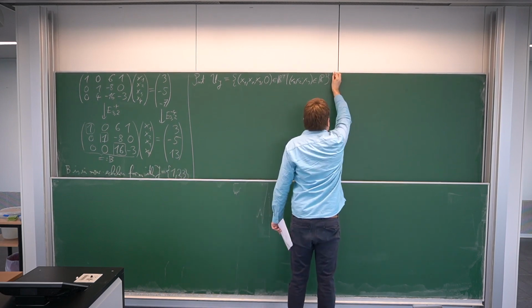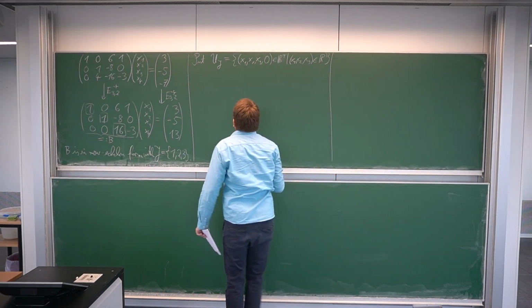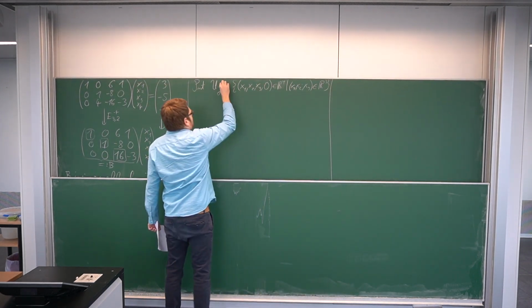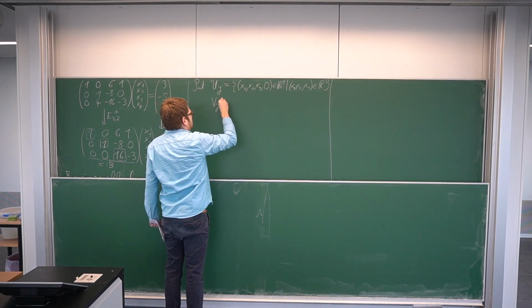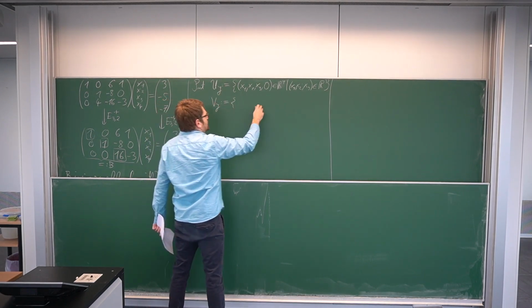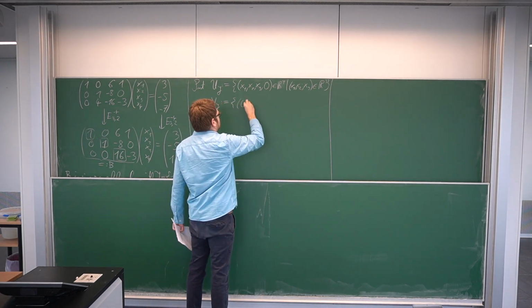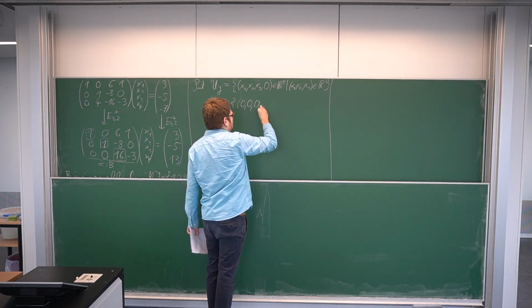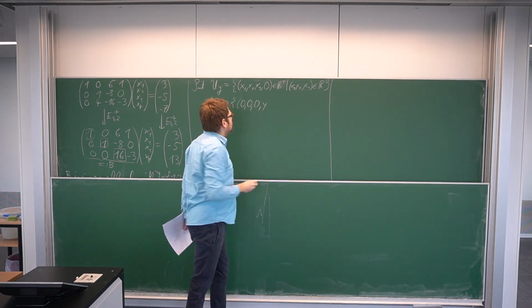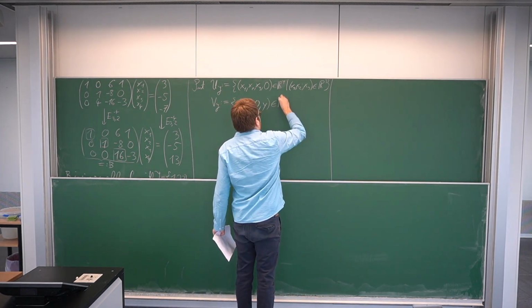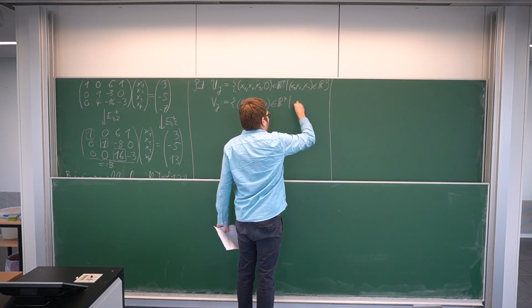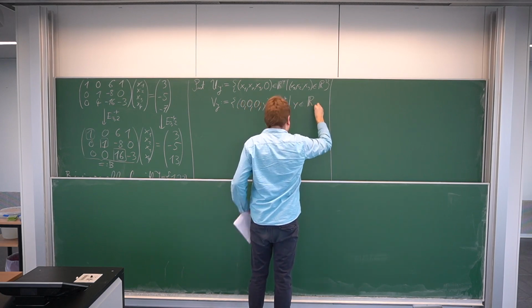And then it's also clear what V_J must be. V_J is then just all the other indices that we have, and there are not that many. It's just the last one. So we get 0, 0, 0, and let's call this y for a change, in R^4, where y is in R.